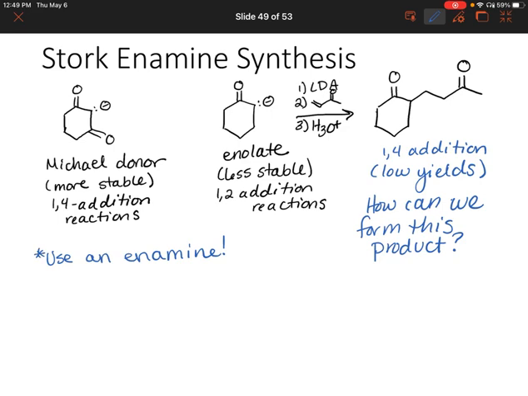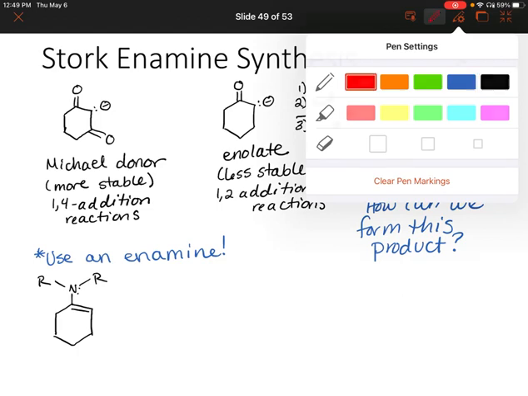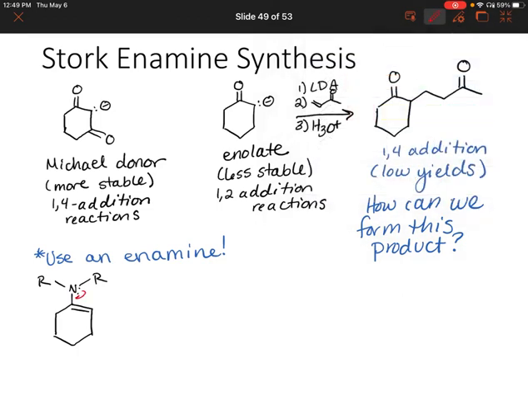Similar to an enolate, if we look at an enamine, it does have a resonance structure where we do end up with a negative charge on a carbon.